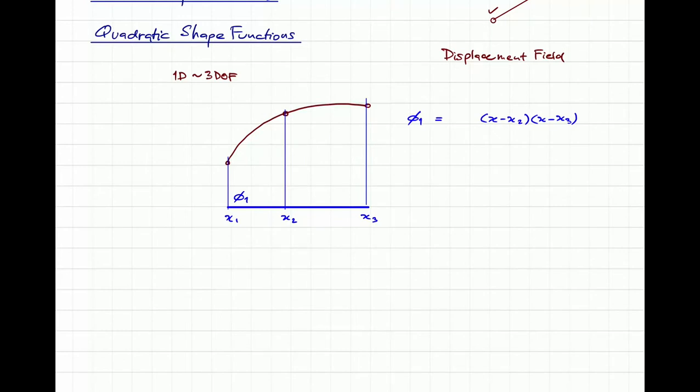Now, this is not the complete function yet, because we satisfy the requirement of being 0 at x2 and x3, but we have not satisfied the requirement to exhibit the value equal to 1 at x1, right?